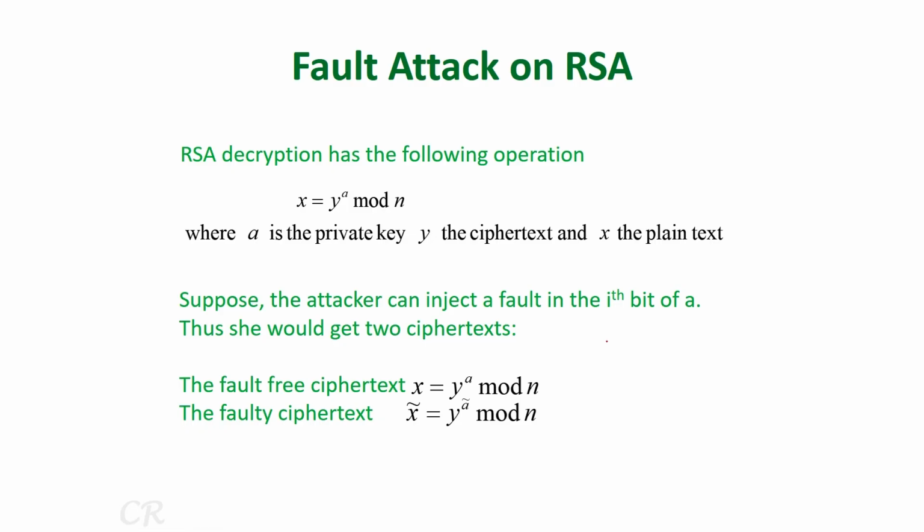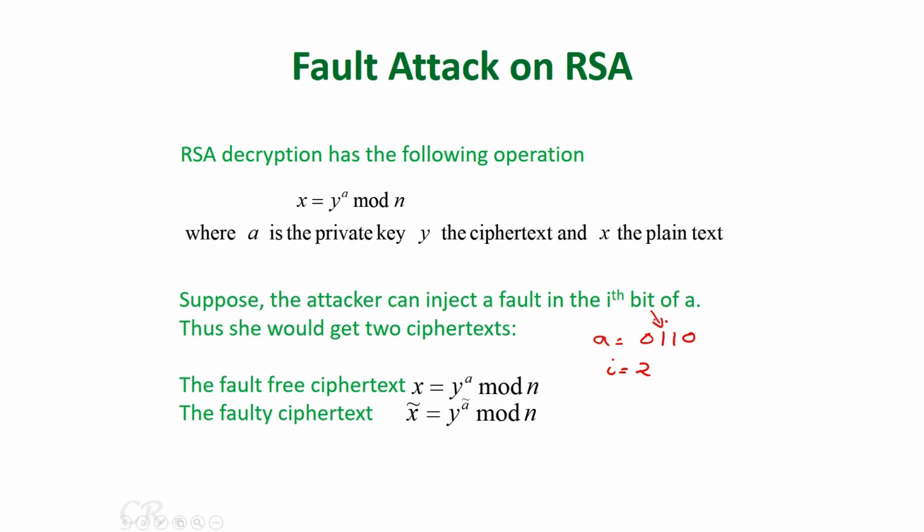Let us say that the value of A is equal to, say, 0, 1, 1, 0, and the ith bit we will take I to have a value of 2. So, we are considering the bit fault model, and therefore, the attacker targets this specific bit.